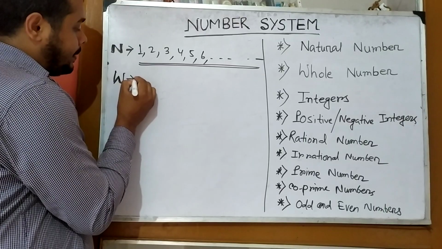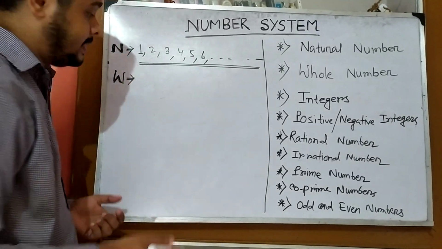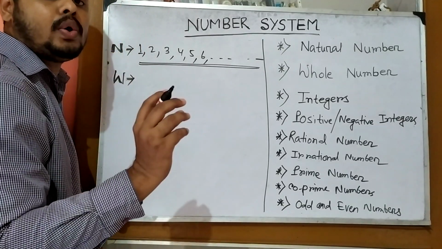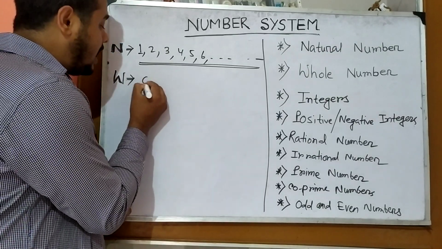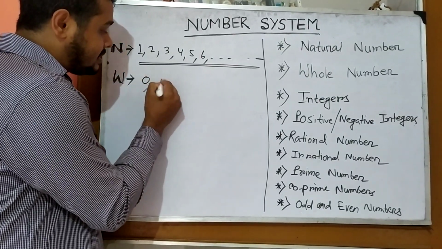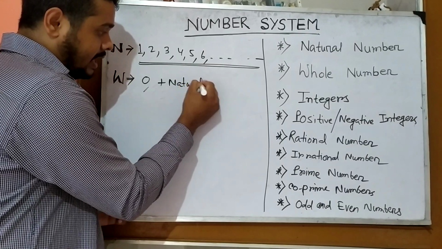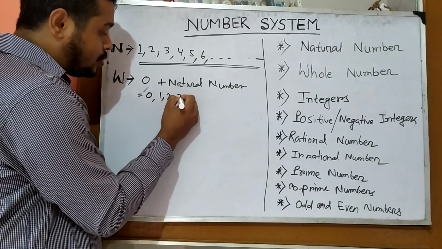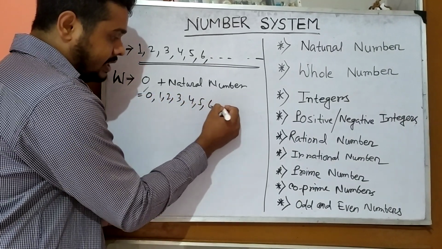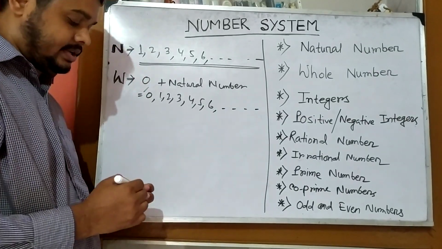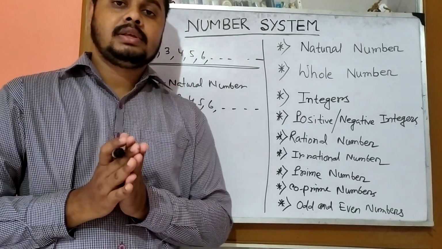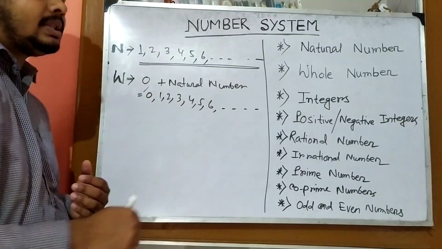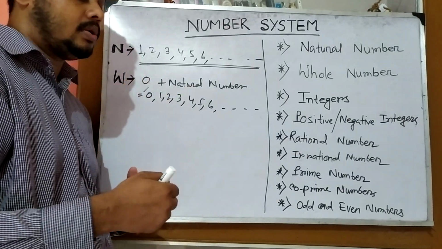Whole numbers mean including all the natural numbers, and 0 is called a whole number. So whole number means 0 plus natural numbers: 0, 1, 2, 3, 4, 5, 6, in this way up to infinity. Natural numbers are the numbers used for counting, starting from 1 and increasing by 1, like 1, 2, 3, 4.